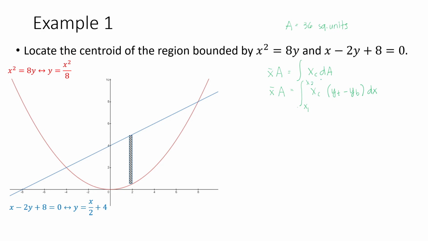So the next question is, how are we going to define x sub c? Given this vertical strip, we need its centroid, diba? Again, the formula is that the total is equal to the sum of the individual components. Let's say this vertical strip is your individual component.